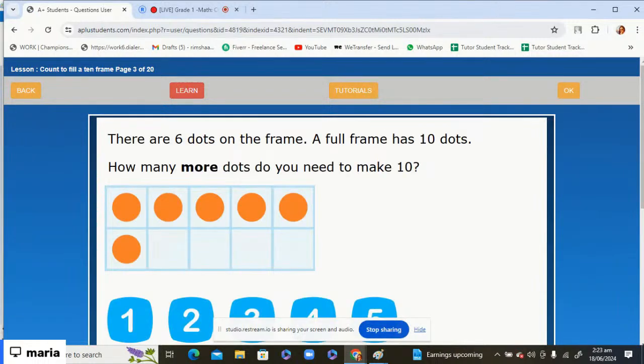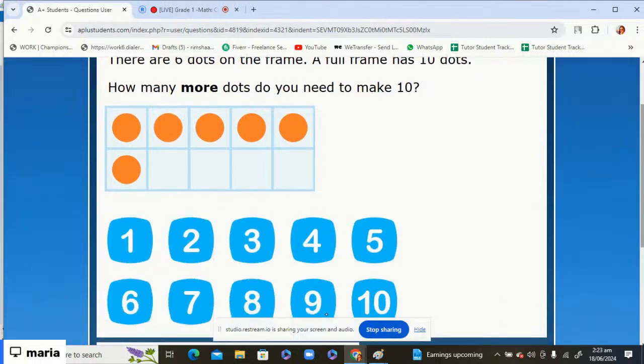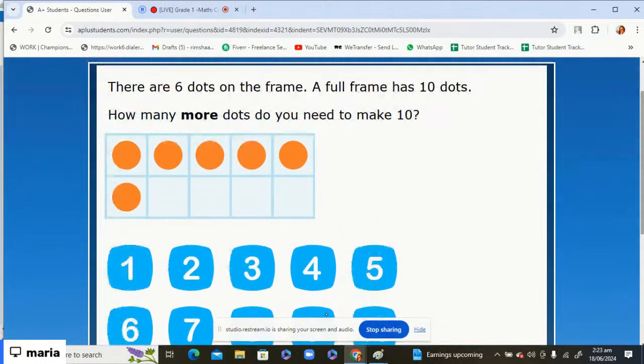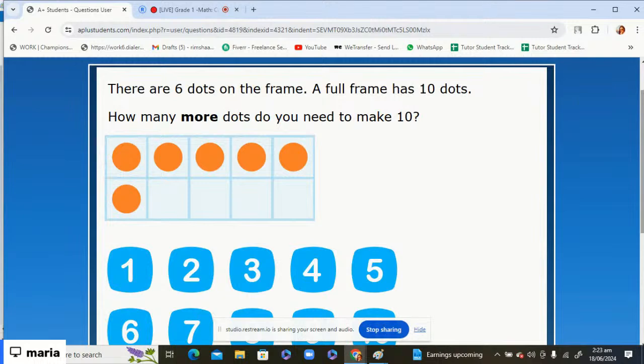Okay, now this is the next question. How many total dots are there? 6 dots are there, and the frame has 10 dots. So how many more dots that you need to make 10? 6 dots are given. So how many more dots that you need? Now you guys tell me.